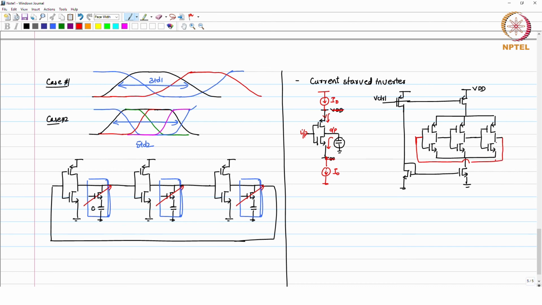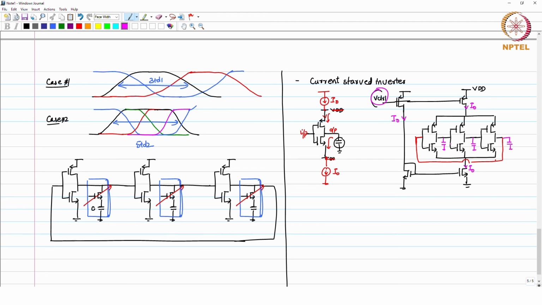What is going to happen here is your V control decides what is the bias current, let us say I naught. So, this is going to mirror I naught current here and I naught current here. So, at any time the maximum current which each inverter can draw from the supply is I naught, and this is going to limit the charge and the discharge rate for the capacitor, and it is going to change the delay of each inverter.